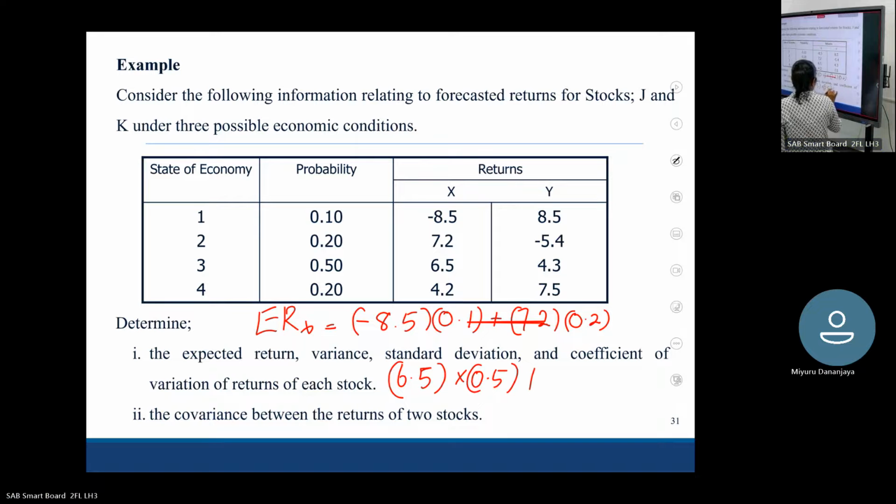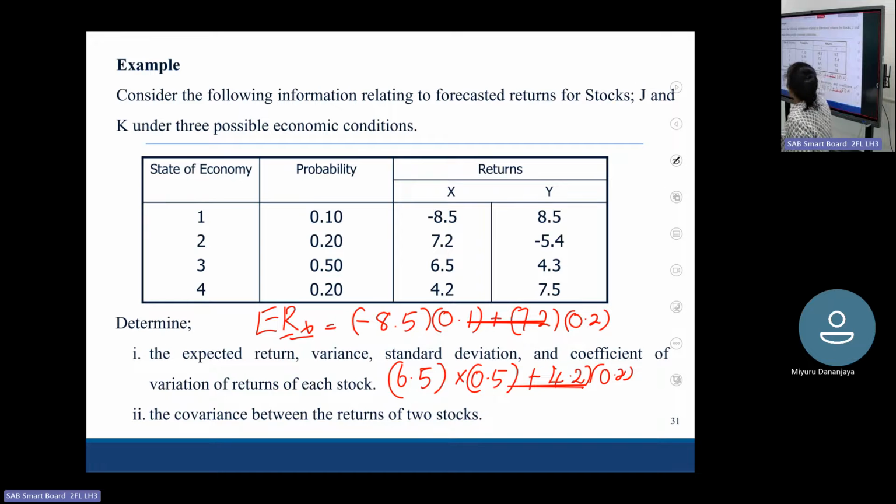plus, the fourth state of economy occurred, forecasted return 4.2, probability of happening is 0.2. So this sum total is the expected return. That is the expected return.